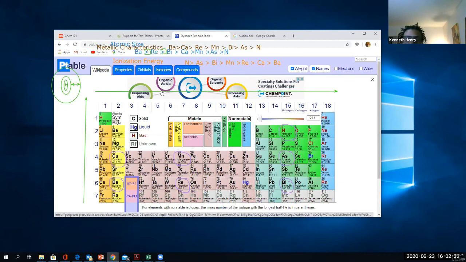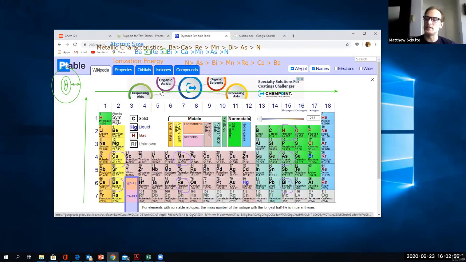Any other questions? I have a question, Dr. Henry. For ionization and metallic character, the groups have more priority, right? Yes. And then for atomic size, the periods have more priority. Yes.